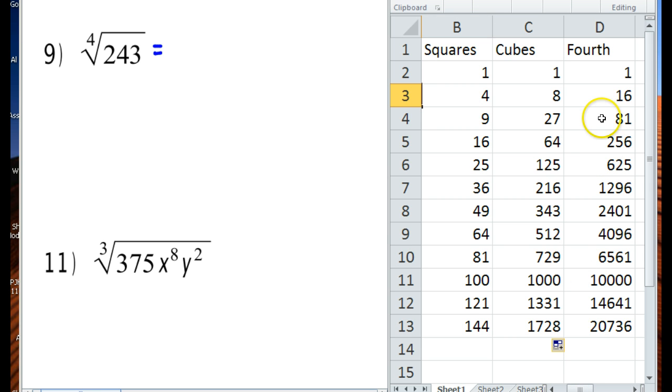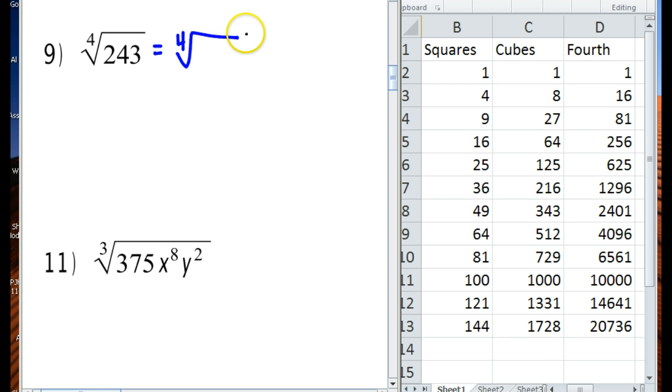So which of these, I guess it'd be 81 or 16, so I know 256 doesn't go in evenly. 81 or 16, which one goes into 243? Okay. So we got the fourth root. So we're saying 16. 81. Okay. So 81 goes in 3 times.